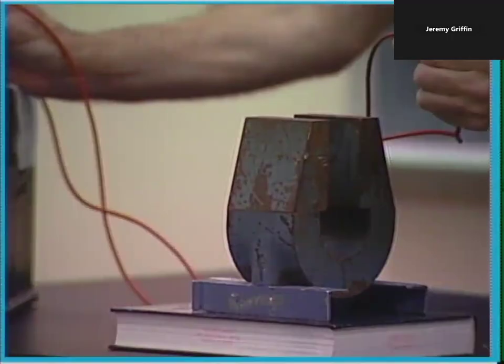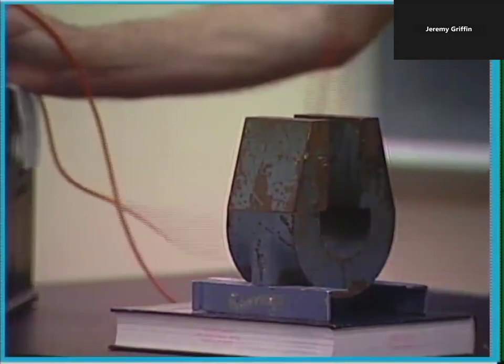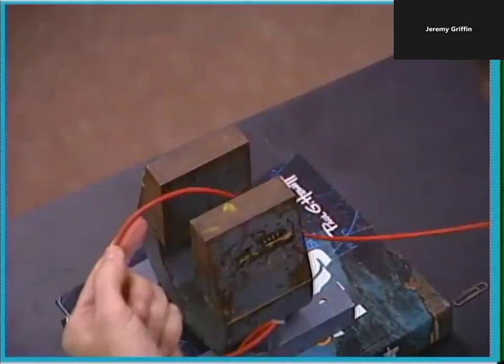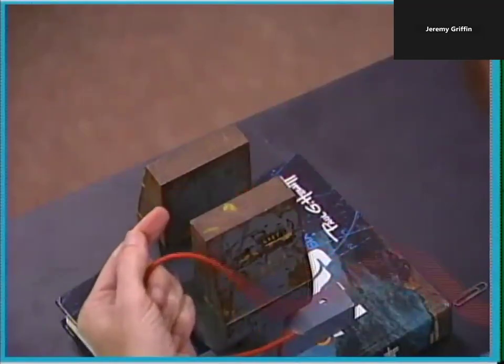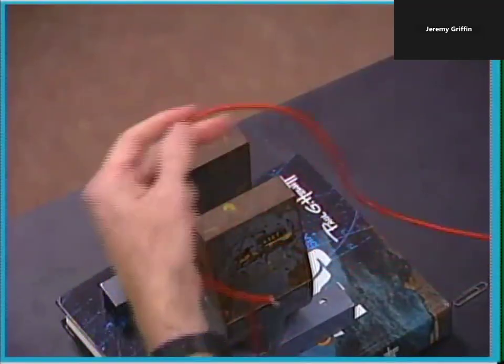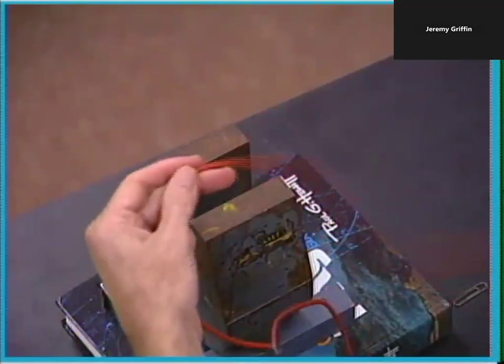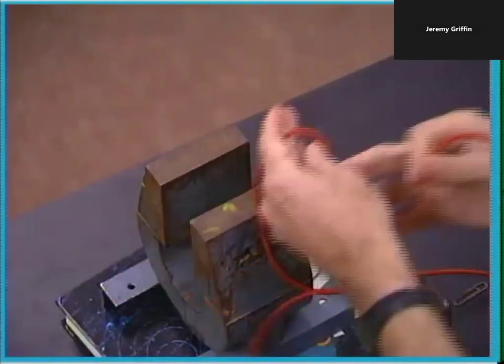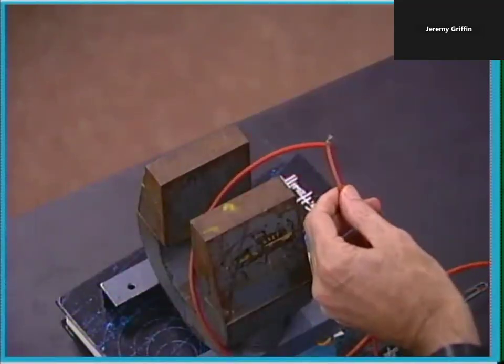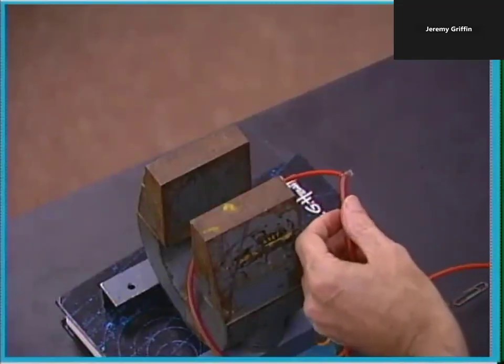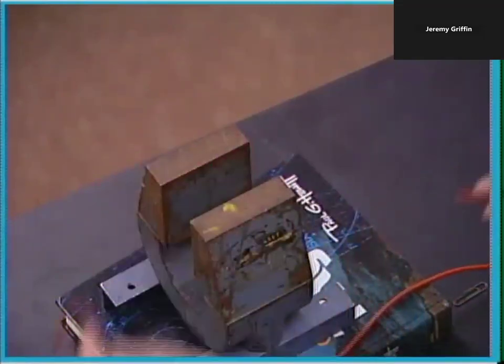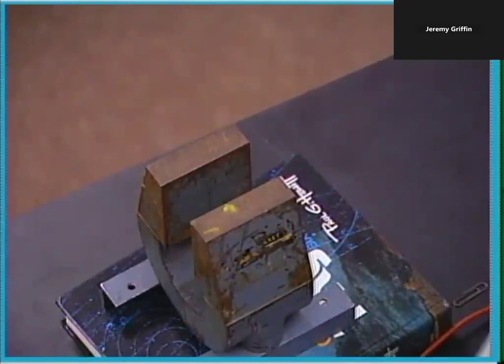Jumps up. Did you see that? I'm going to do it one more time. Watch. Wow, jumped up. So one way it jumps up, and the other way, put it this way, it jumps down. I wonder if that jumping motion could be harnessed.